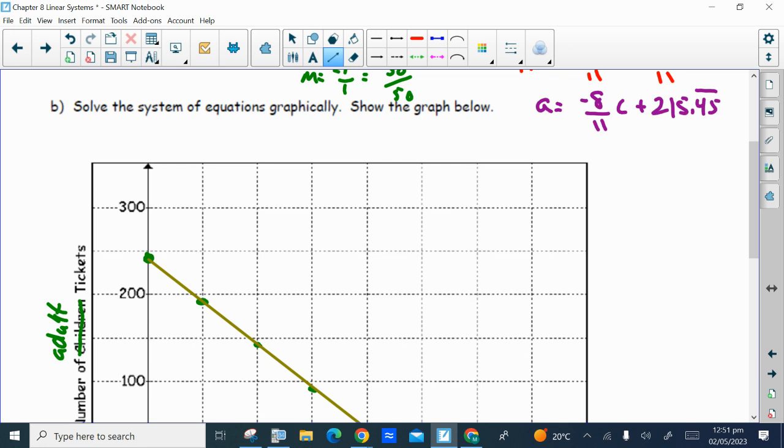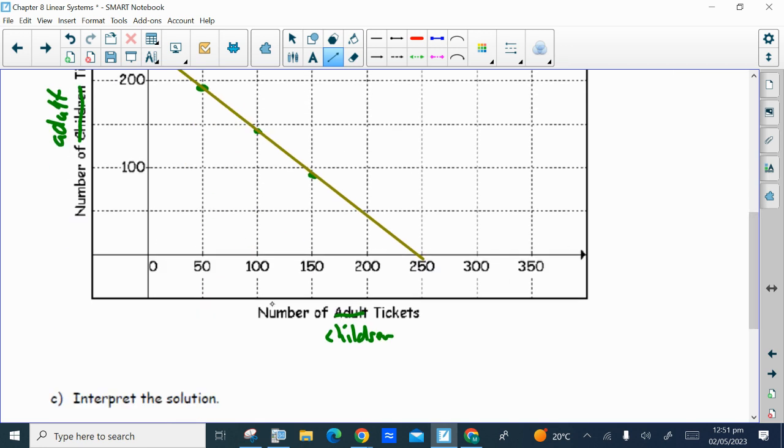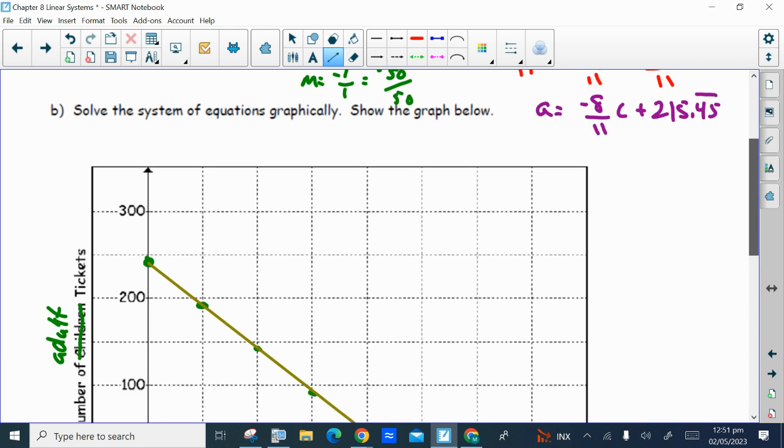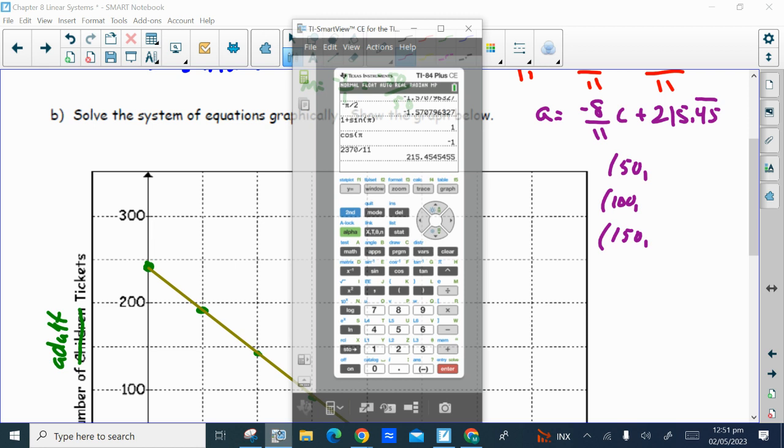Now, if I look at the values of C that I have on my graph here, I'm going to choose 50, 100, and 150. I'm going to choose these three values of C and see what A value is for each of them. And I'll put these 3 points on my grid and then graph that line. So back to the calculator I go.